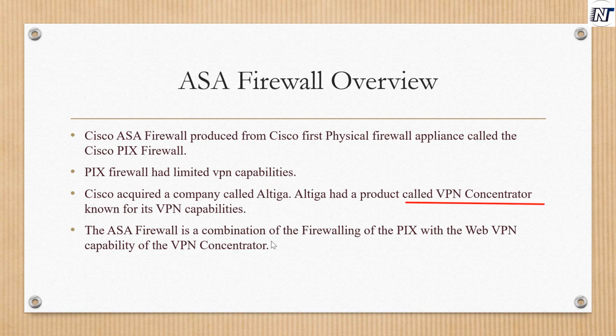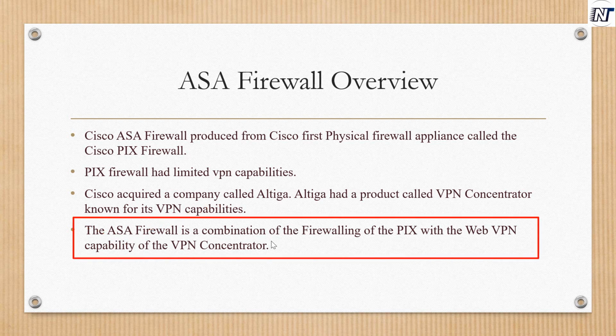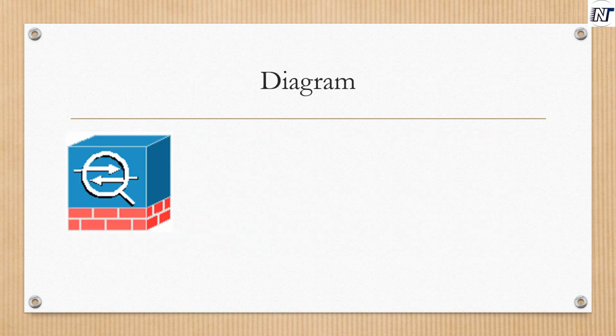It was known for its web VPN security concept. Then they integrated that VPN concentrator capability with the PIX firewall capability, and that's where ASA was born. So basically the ASA is the combination of the firewalling of the PIX with the web VPN capability of the VPN concentrator.